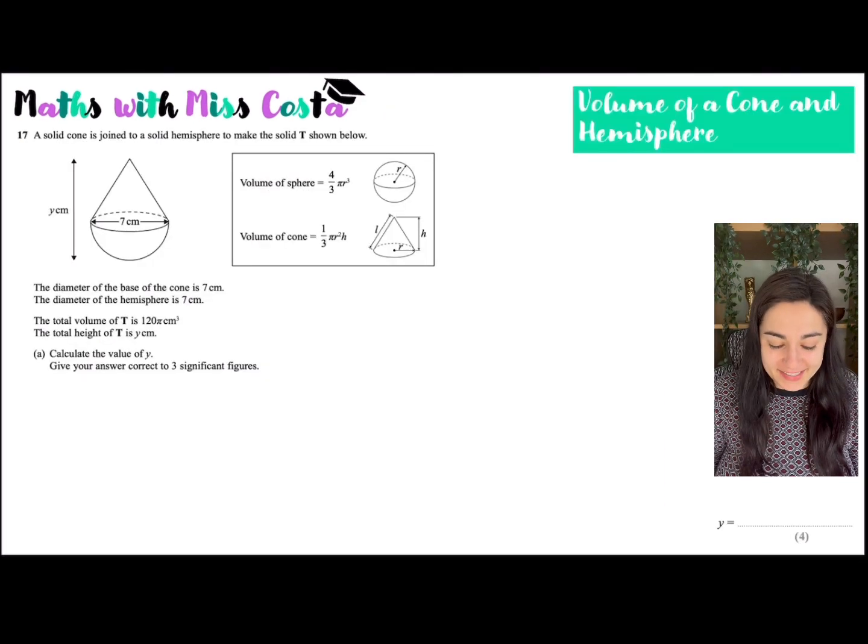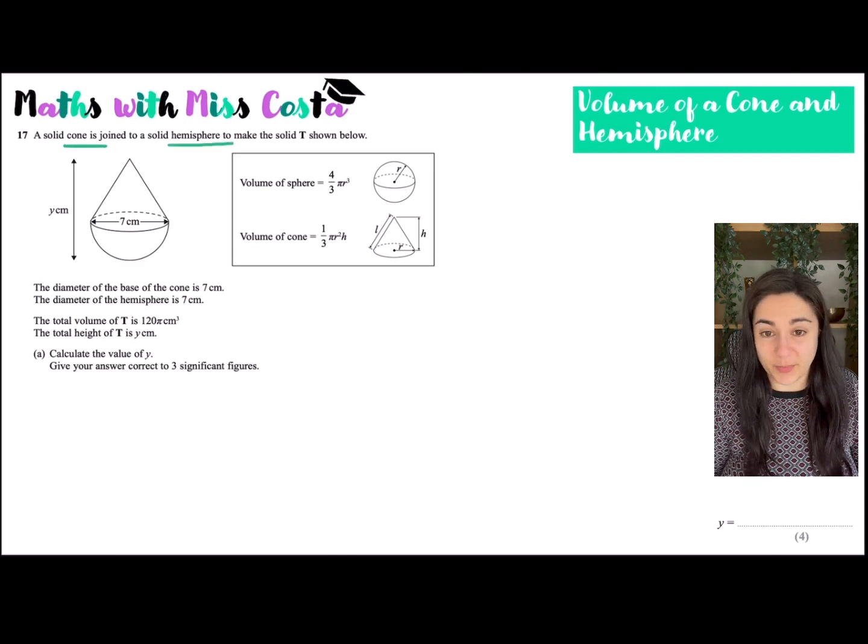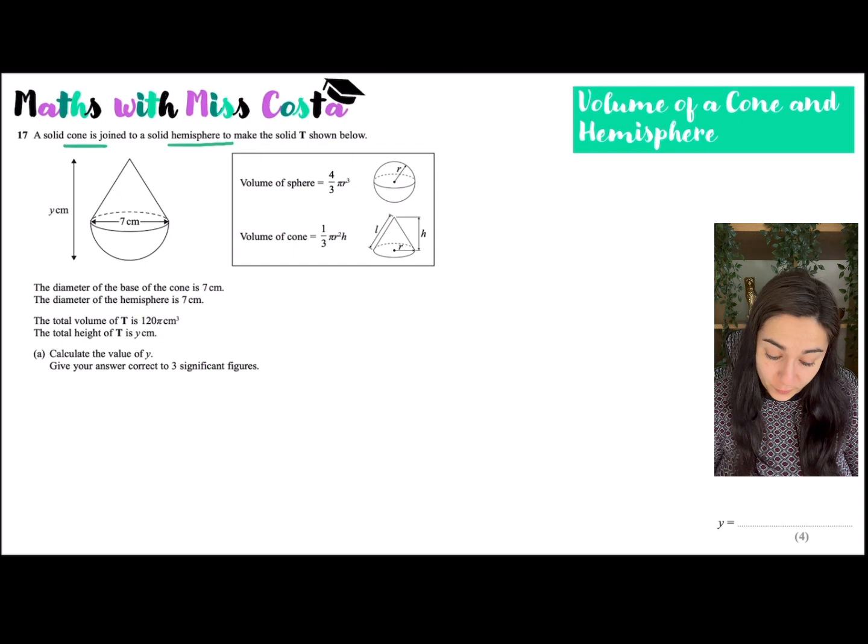Okay, so some nice solids we're given here. We're told that a solid cone is joined to a solid hemisphere to make the solid T shown below. And we're also very kindly given the formulas for the volume of these shapes.